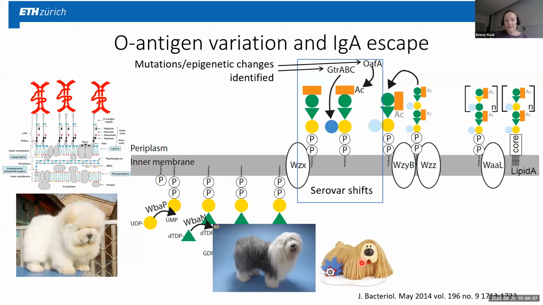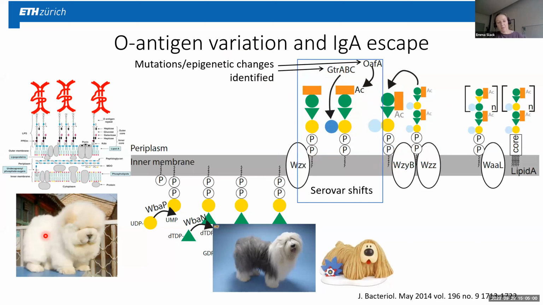So what we got interested in is that you can do all sorts of changes here, but there is another step just downstream of this where we polymerize the O antigen. And maybe we could cut off these types of easy escape routes. This doesn't come with any fitness cost, changing the O antigen with acetyl groups and glucoses.